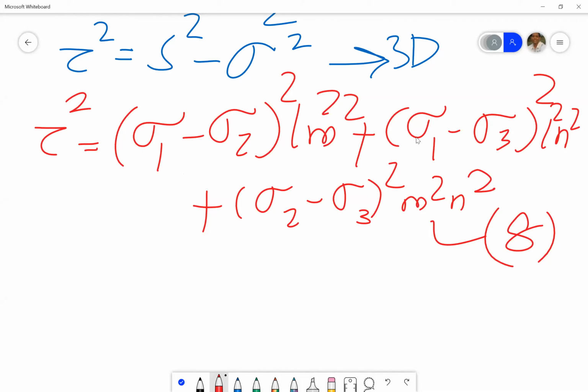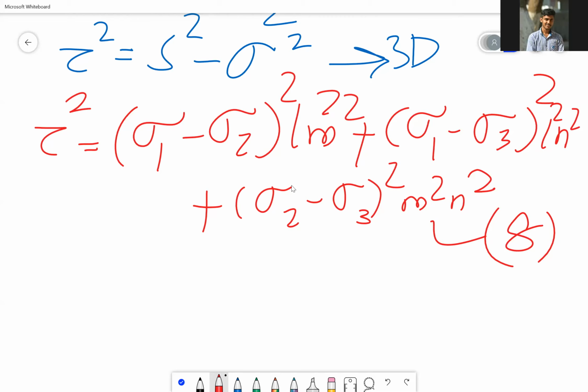Similarly, there is another plane, the sigma 1, sigma 3 plane, so here L and N. Similarly, there are the 2 and 3 planes: the stress on the x and y plane, the stress on the x and z plane, and the stress on the y and z plane. So this is our equation number 3.